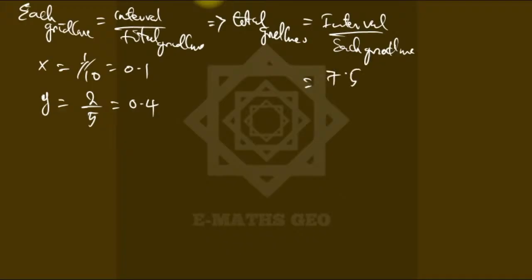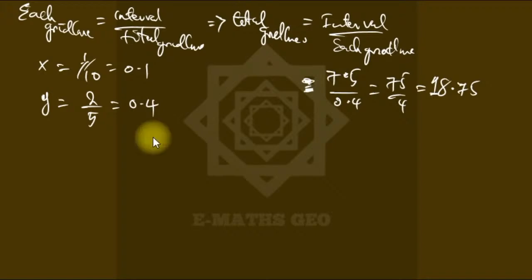Remember, negative is just the direction; it shows down. Over each grid line, 0.4. So 7.5 over 0.4 is 75 over 4, which is 18.75 grid lines, so maybe 19.